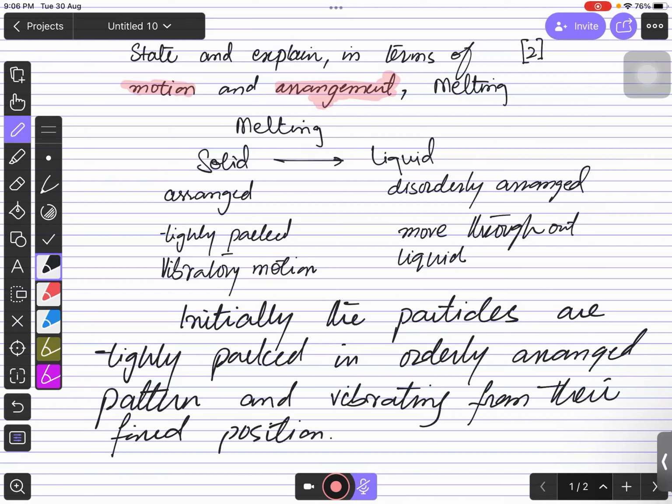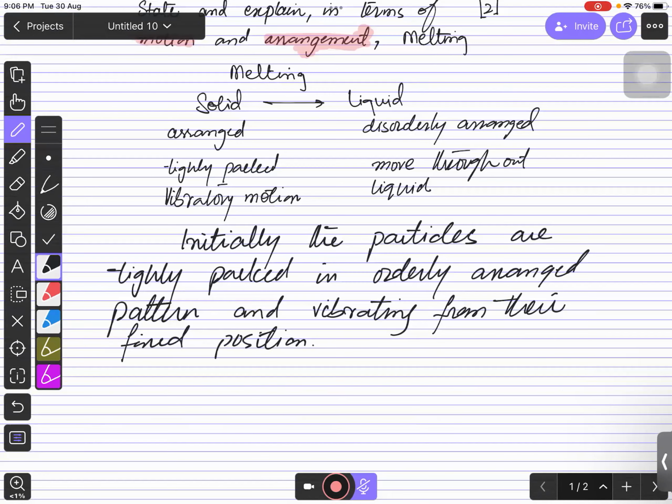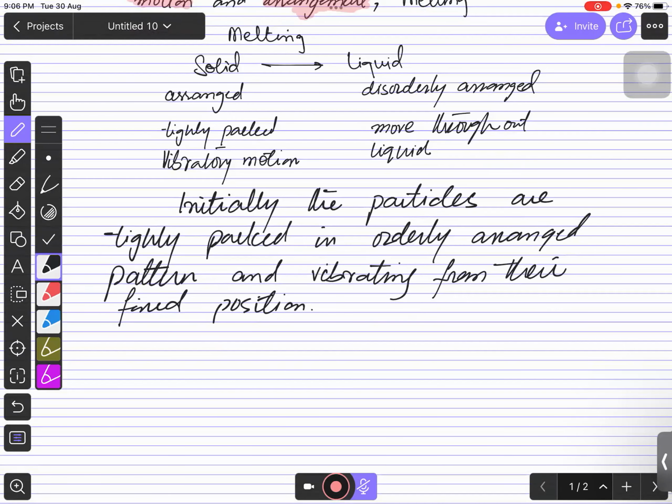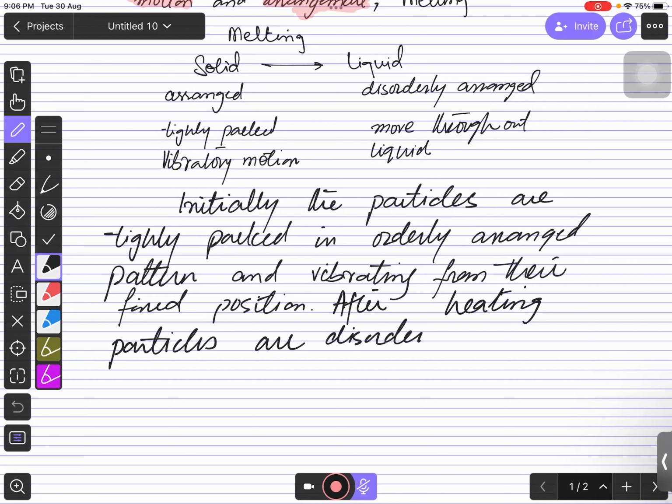After heating, the solid is going to be melted into liquid. There should be some heat that you are using to do this, so you can write after heating or after getting energy, whatever you want. After heating, the particles are disorderly arranged and start moving throughout the liquid.